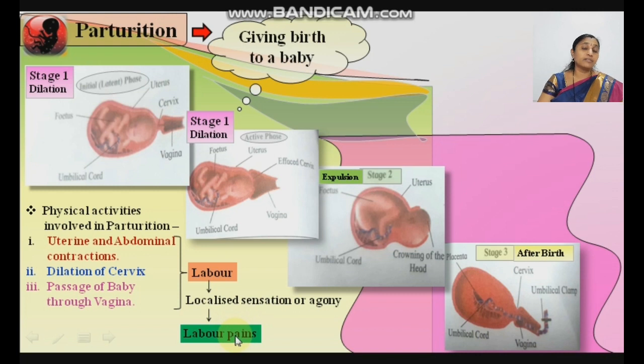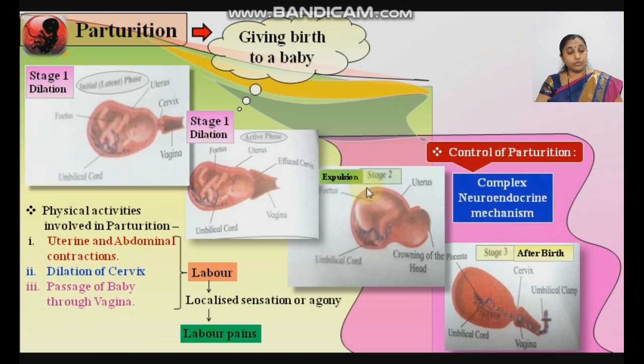For labor pains the hormone that plays an important role is oxytocin, secreted from the posterior pituitary gland, and this oxytocin causes the labor pains by stimulating the uterine muscles to undergo stronger and stronger contraction. Due to such events, the baby is easily expelled outside through the vagina. This is all about parturition.